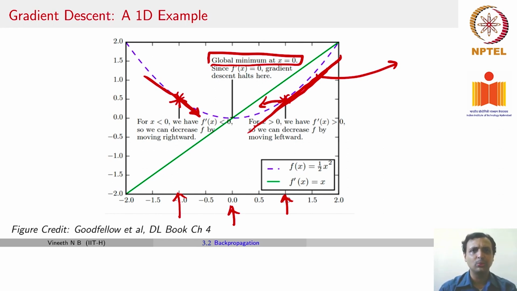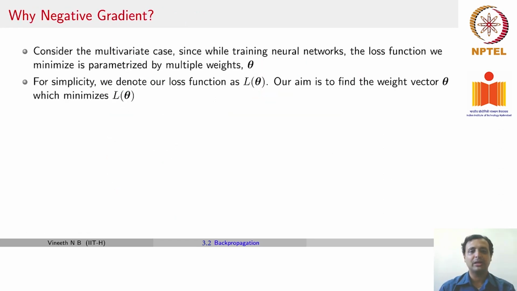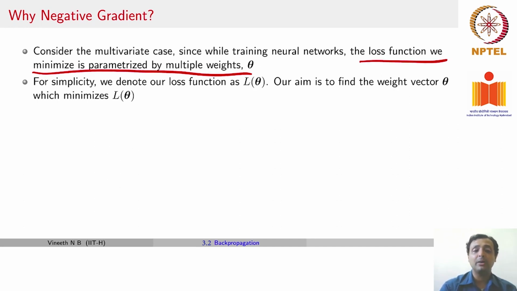How is this connected to neural networks? We'll come to that in a moment. Let's consider now a slightly more complex setting, a multivariate setting. In the previous slides, we considered f of x, which is univariate. Let's consider a multivariate setting where, while training neural networks, the loss function we minimize is parameterized by many weights in the neural network.